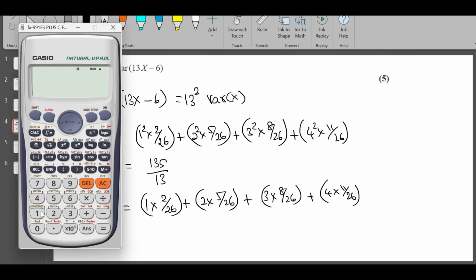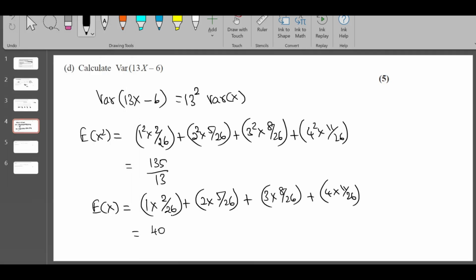So when I calculate this, 1 over 2 plus 2 over 5 plus 3 over 8, 3 8s are 24, 4 11s are 44, 80 over 26 is 40 over 13. So sub in here 13 square times E of x square minus E of x whole square.